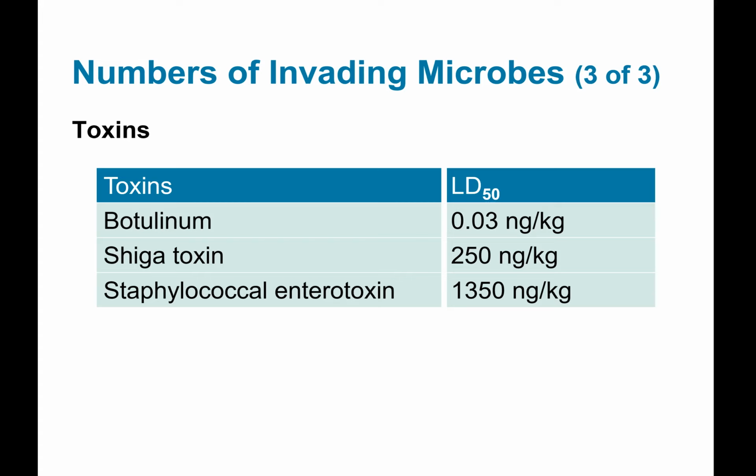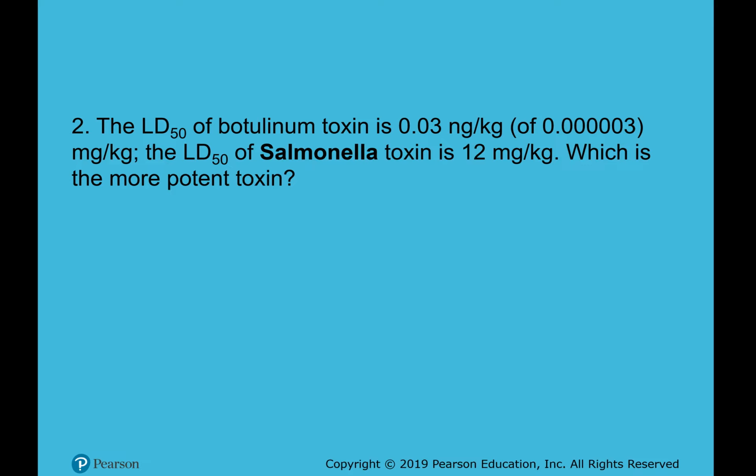And you can see, looking at the numbers, that botulinum toxin is the most toxic. It only takes a tiny, tiny quantity to lead to botulism, which can be fatal because it's a neurotoxin. It takes a lot more of the food poisoning toxin, staph enterotoxin, to lead to food poisoning.